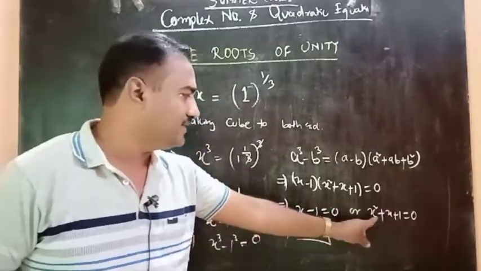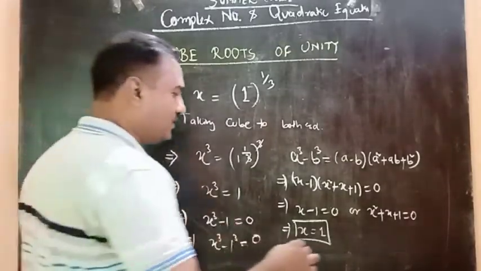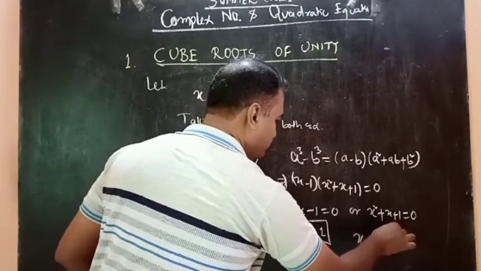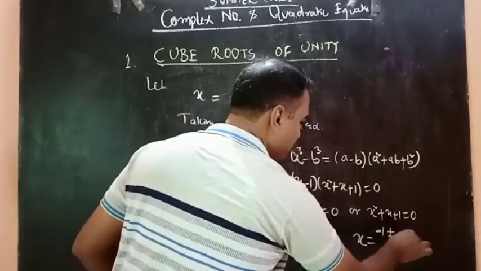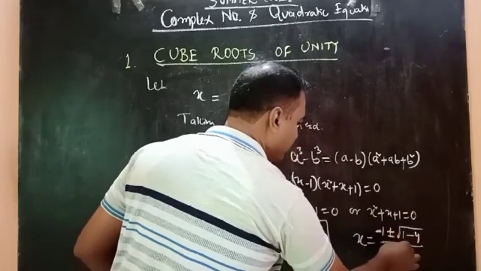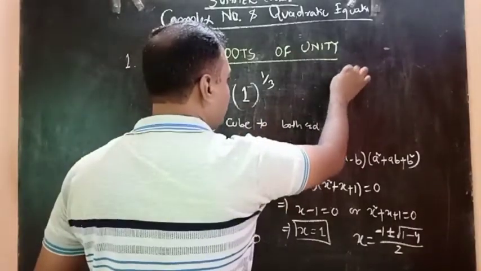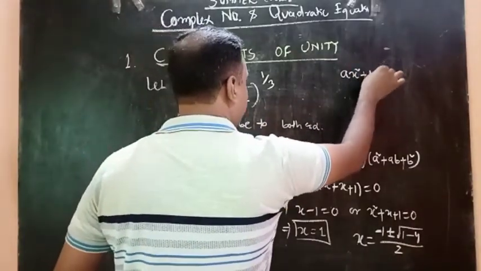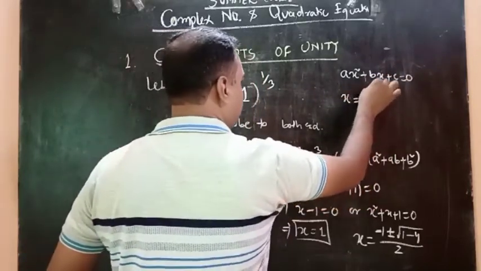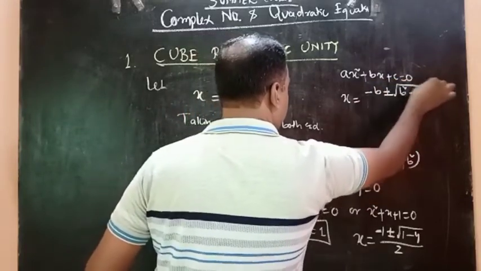Look here, this is a quadratic equation: x square plus x plus 1. We know that the quadratic formula is what? For ax square plus bx plus c is equal to 0, x is equal to minus b plus or minus the root of b square minus 4ac, by 2a.